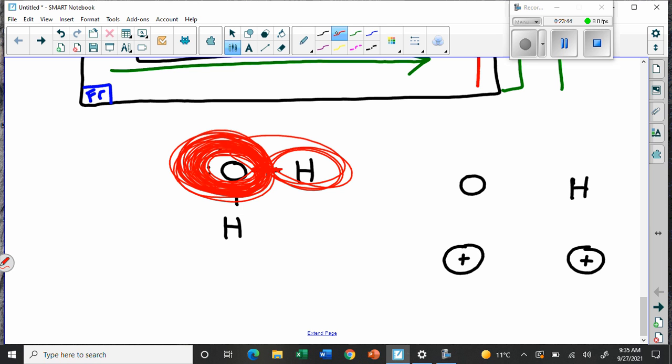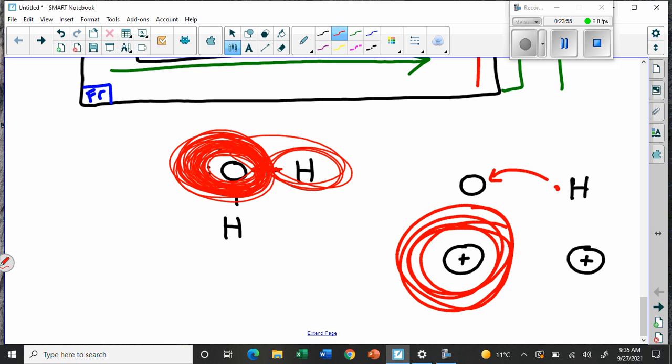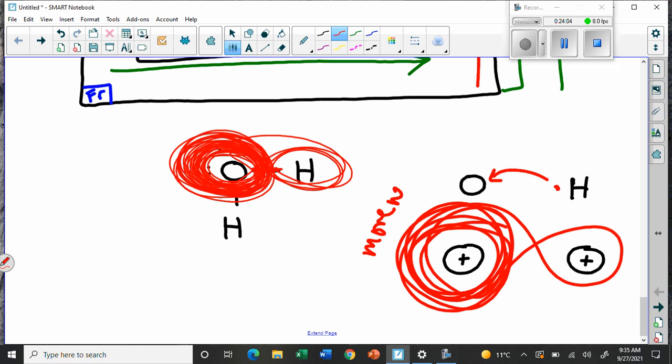But as soon as they share, it changes the balance. So if this little electron right here that is supposed to be shared is spending more time over here because oxygen is hogging it, right? That means there's an extra electron, which means there's more negative on this side.